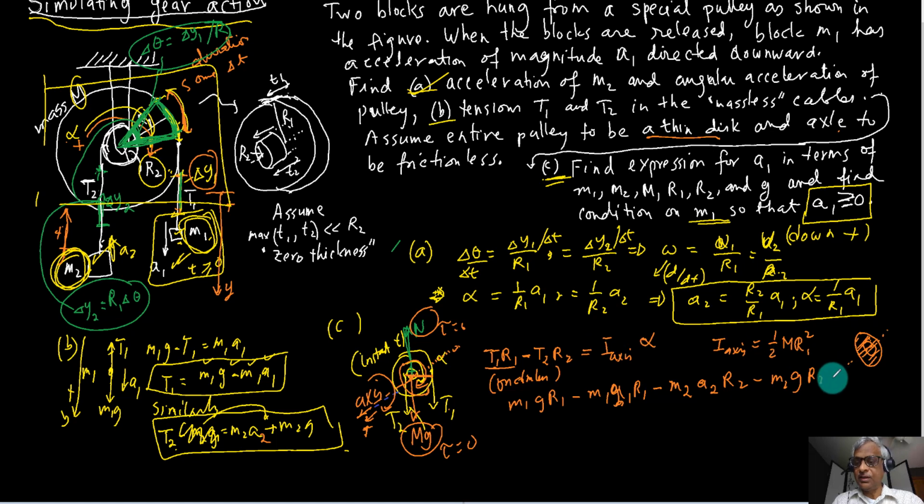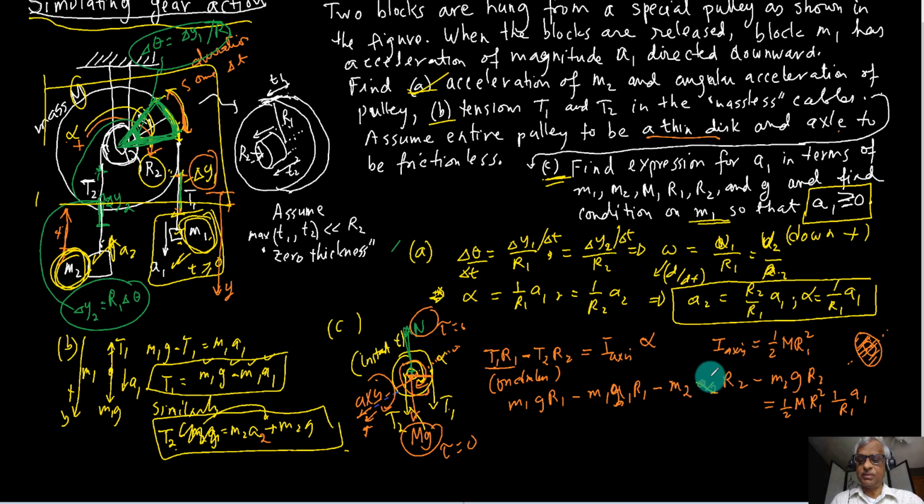On the other side, I have I is half capital M r1 squared, and alpha is 1 over r1 times a1. This a2 is the only thing that is different, and I can use a2 equals r2 over r1 times a1.